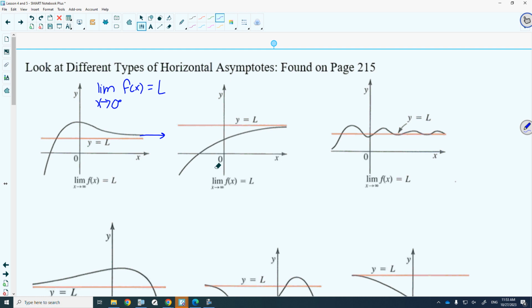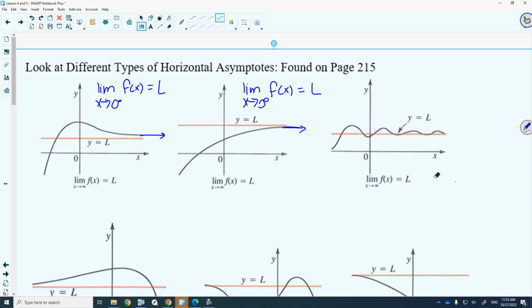Same with this one. If I ask you the limit as x approaches infinity for this one of f of x, I just want you to look at the end behavior. As the graph goes to infinity, is it approaching an HA? It is. This guy here, the graph is cutting through my horizontal asymptote, which is fine.